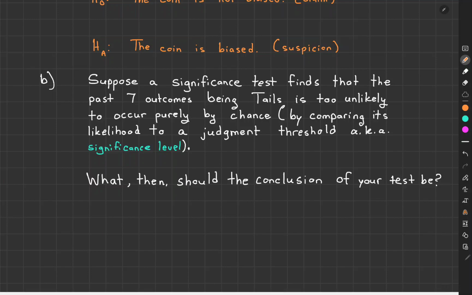Okay? And in that case, what should our conclusion be? If we think it's too suspicious of a result, well, we're going to actually go ahead and reject the null hypothesis. Okay, so we're going to reject the claim that the coin is unbiased.